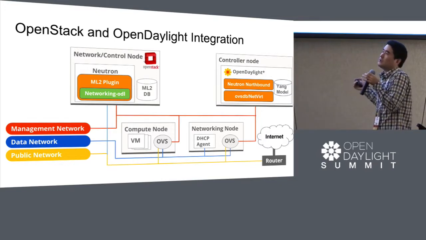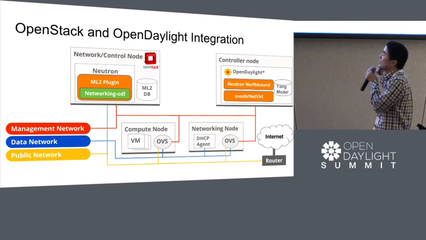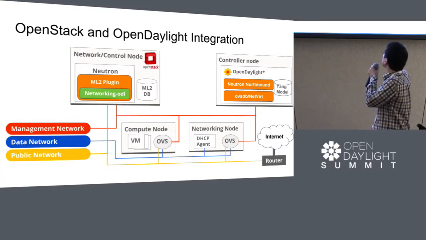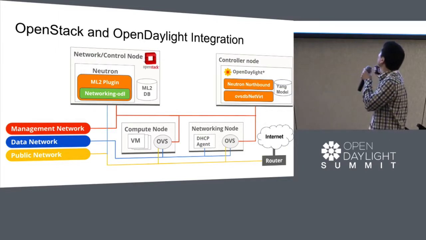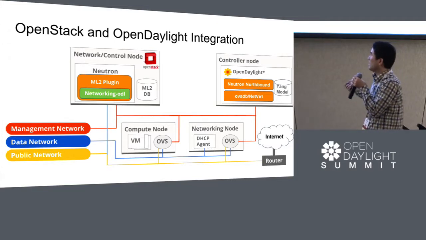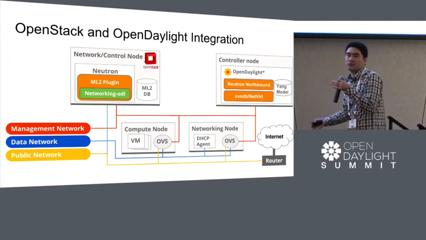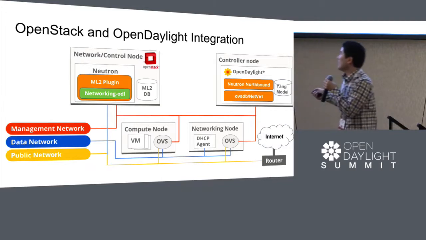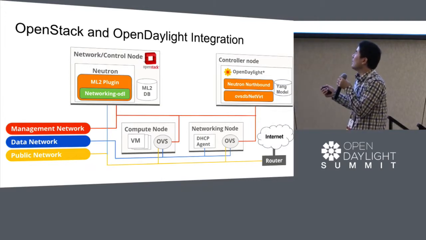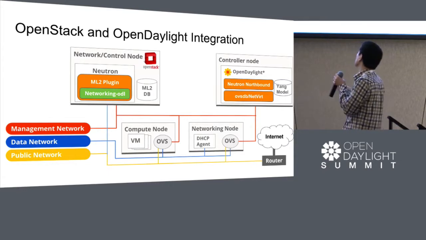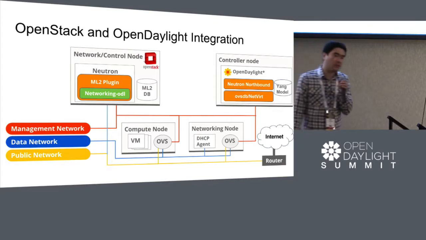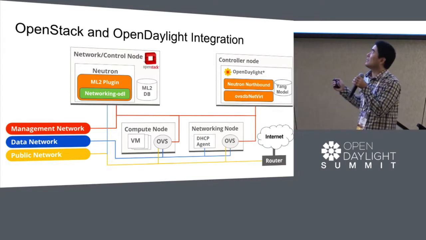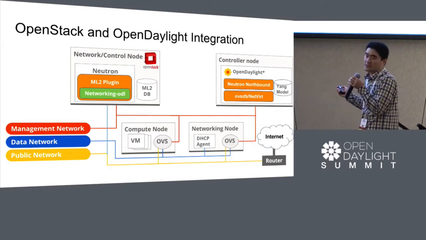The actual backend, in this case Netvirt, looks into the data store and responds to the change. Then Netvirt programs the actual network component like Open vSwitch to populate OpenFlow and so on. Finally, VMs can communicate with each other or connect to the public internet. This is the typical deployment of OpenDaylight and OpenStack.